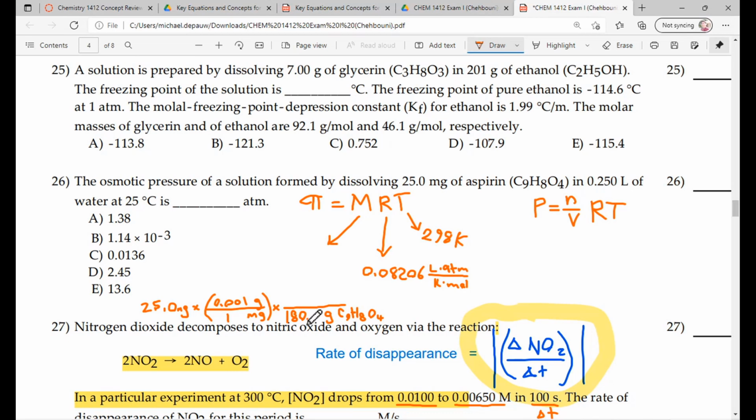Yep, I'll trust you. I was trying to do it in my head, but I was too slow. So that's grams per 1 mole. This is going to be really, really tiny. So how many moles is that? Preferably in scientific notation. Okay, 1.39 times 10 to the negative 4.